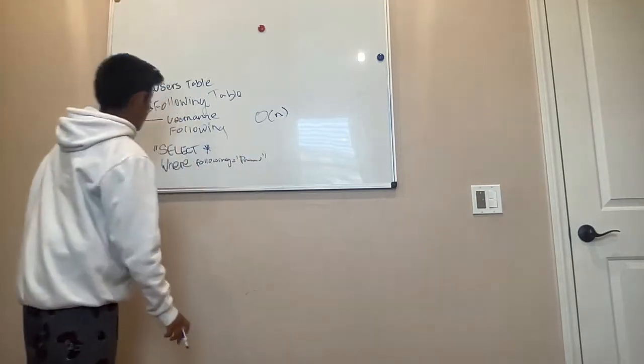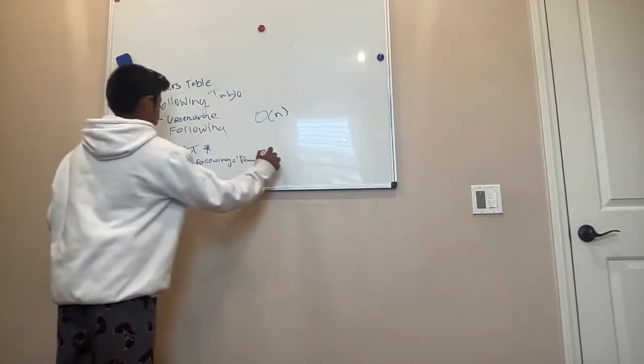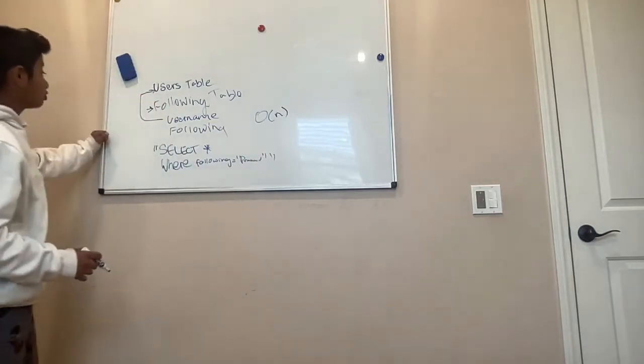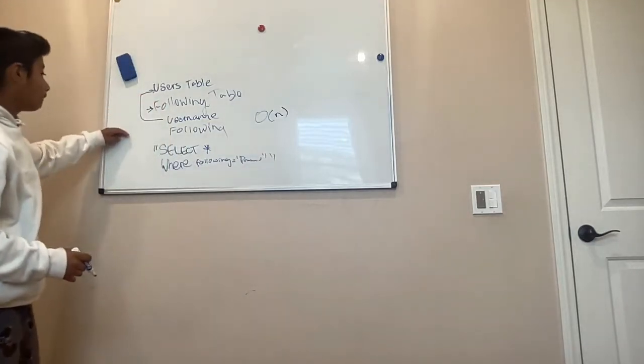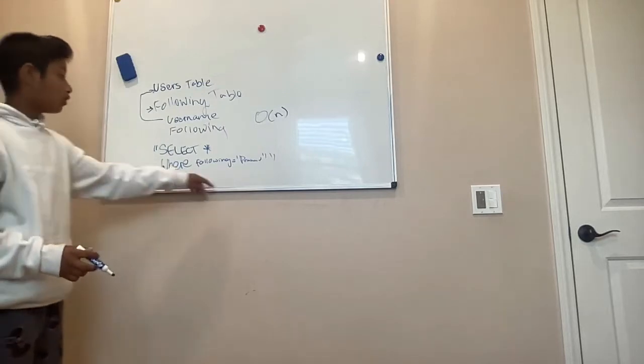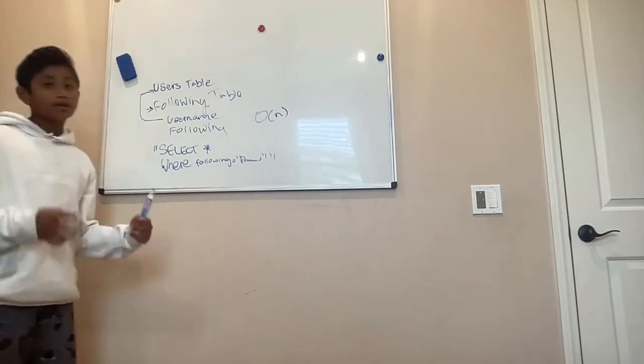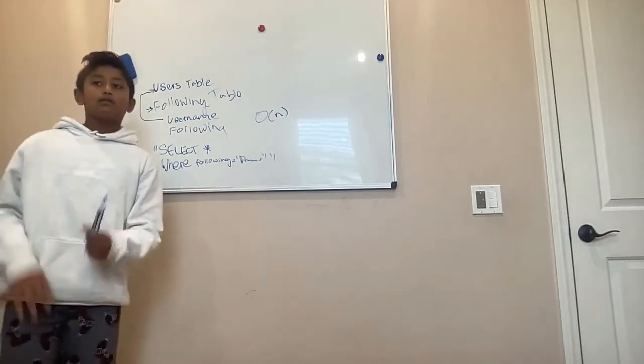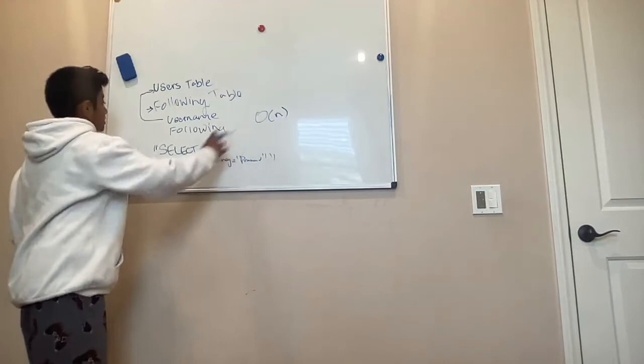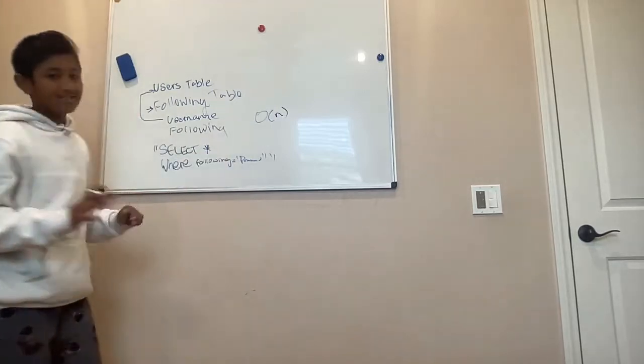Well, what this is going to do is search through this entire table to find who all's following me. Because first of all, it doesn't matter if nobody is following me, because our table doesn't know that.